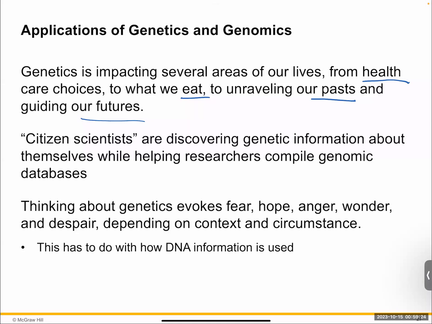So citizen scientists are basically identifying and discovering this huge amount of genetic information that's helping researchers compile what we call genomic databases. We literally have people coming and sharing their genetic information, allowing it to be sequenced and figuring out what the genome of each of these individuals is.